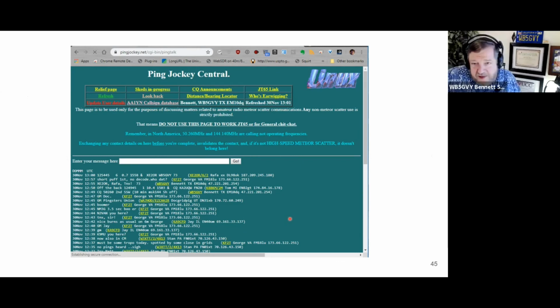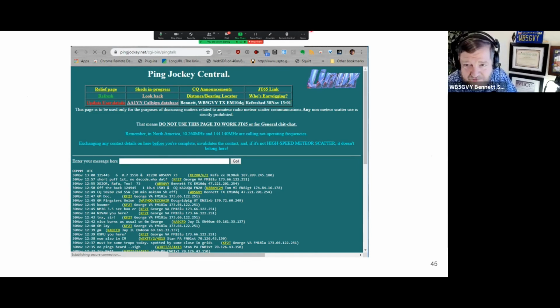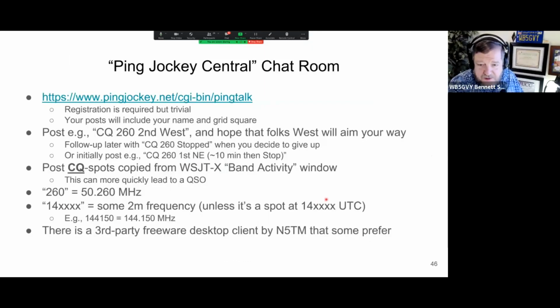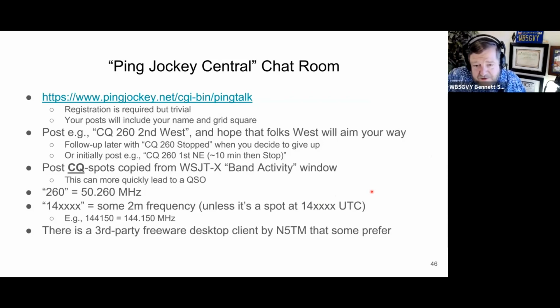This is a screen grab of Ping Jockey Central. This is sort of where a lot of meteor scatter activity happens. We'll zoom in on a few things here. This is the URL to go to Ping Jockey Central. You have to register, but it's trivial. The registration is just to get your grid square and your name.